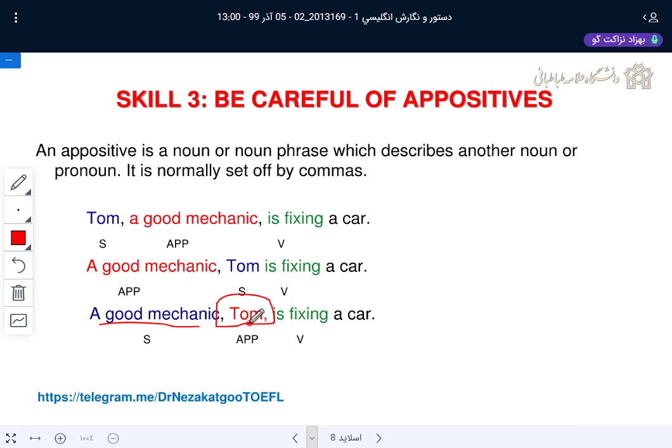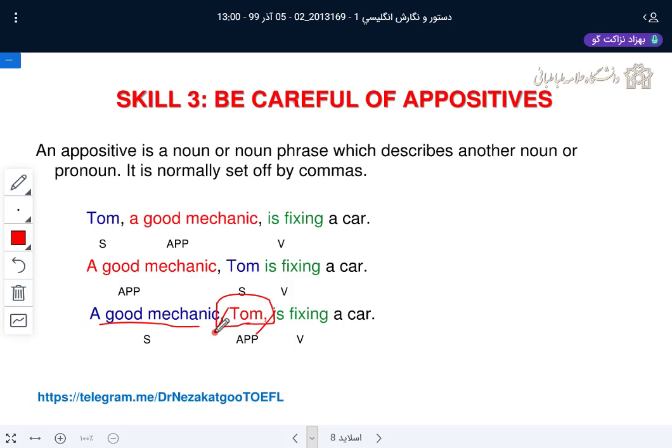When I have 2 commas, this shows that it is non-essential because I have 1 brother, I know 1 mechanic, and that mechanic is Tom. But if I drop these two commas, it shows that I know more than one.